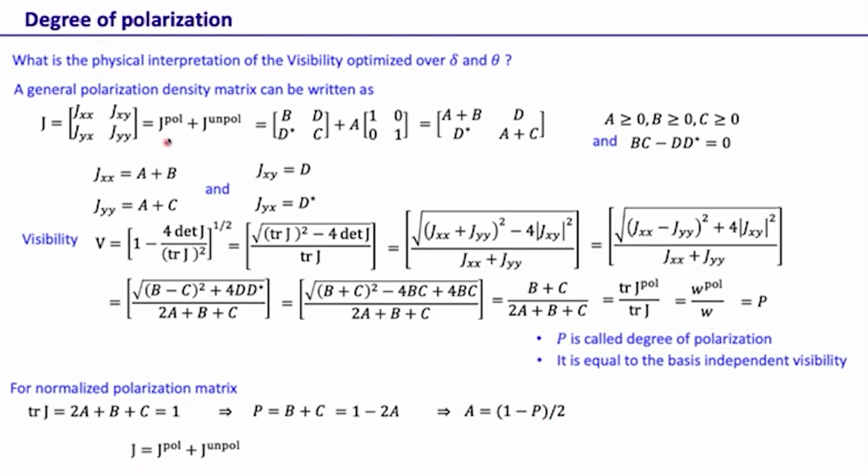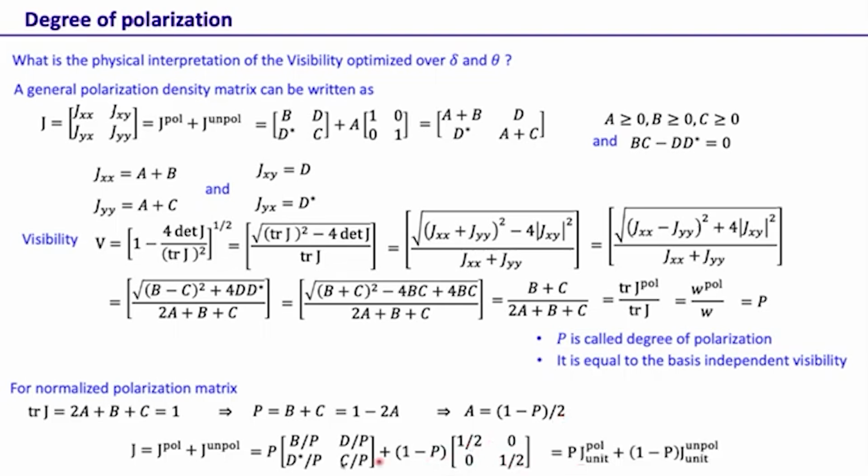And so this J polarized plus J unpolarized we can then write with the polarized part divided by P every time and multiplied by P over here, plus, for the unit A, we are writing 1 minus P by 2. So 1 minus P and 2 goes inside, so half and half. So we just write this as P times J polarized with a unit trace plus 1 minus P times J unpolarized with a unit trace.